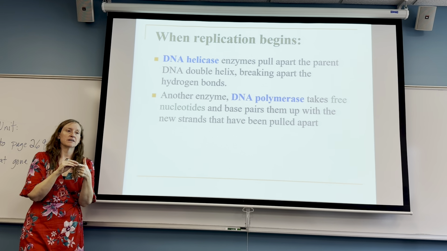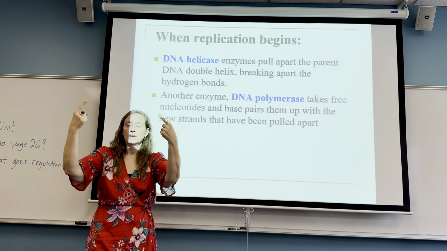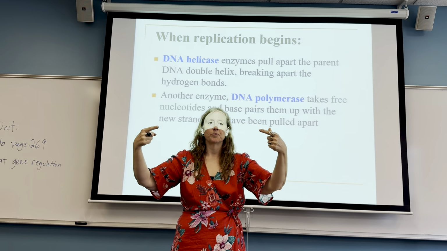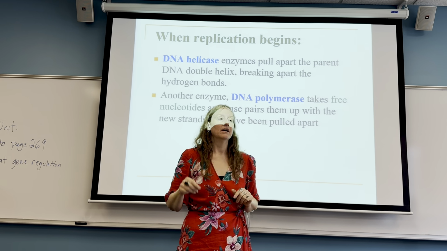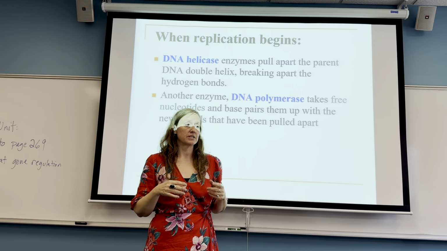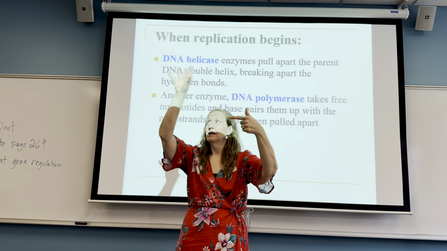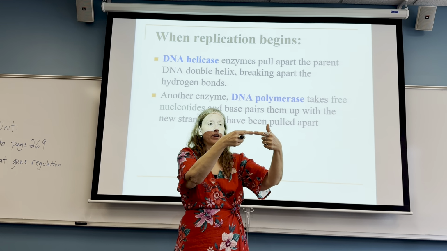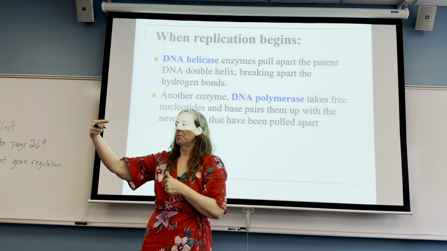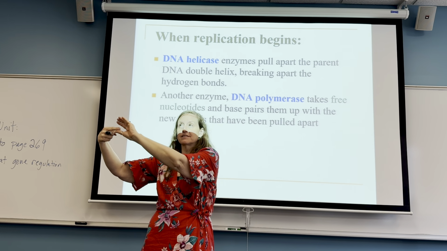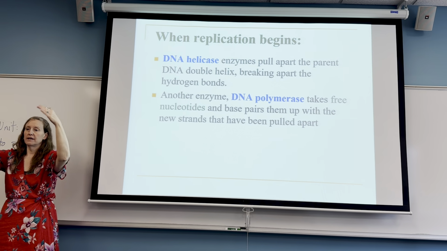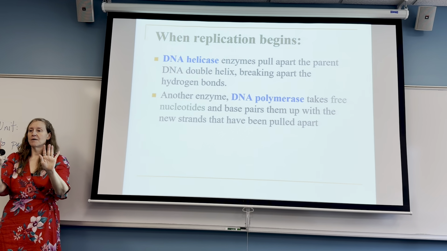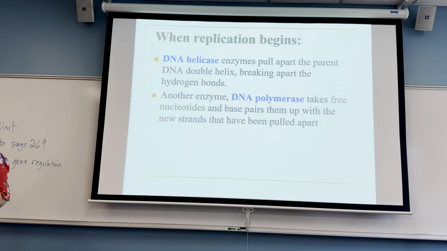If this is A and T, the polymerase reads A, and floating out in the cell are individual nucleotides of A's, T's, G's, and C's. When the polymerase reads an A, it pulls a T and adds it over here. And on this side, the one that opened up, it had a T, and the DNA polymerase on this side is like, oh, I need an A to go with this T. Polymerase is just reading each of the nucleotides that's pulled apart to add a new copy that matches the base pairing of A to T and T to A.